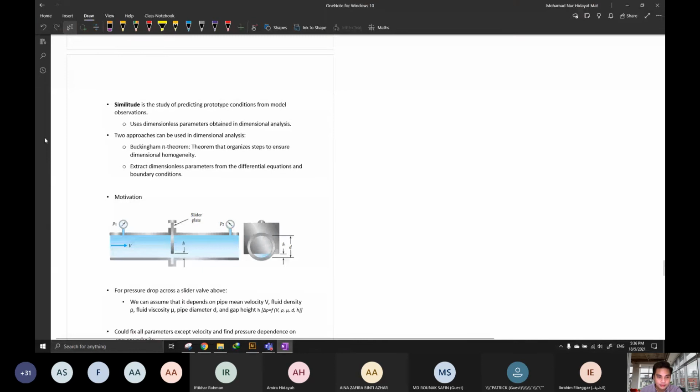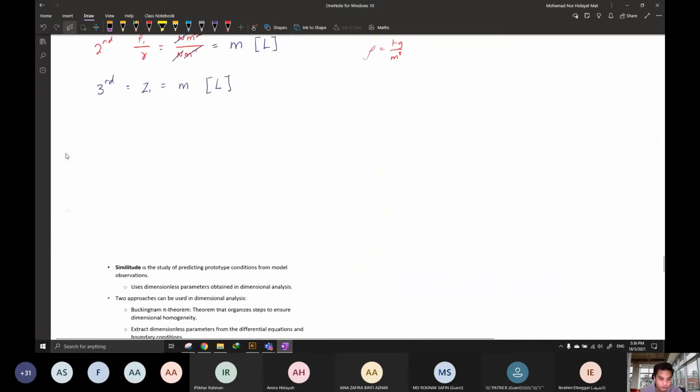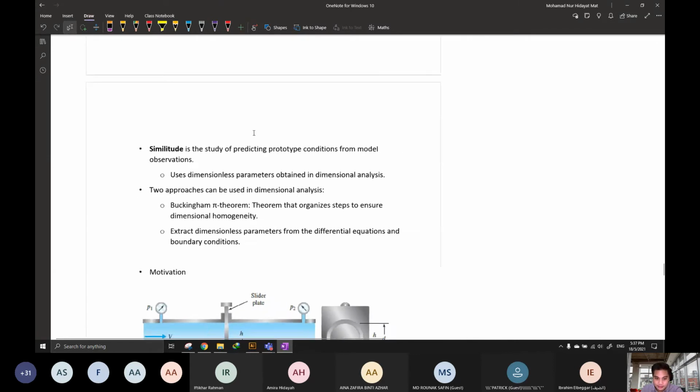So, proceeding with experiments, we need to minimize the number of experiments. Now we introduce the similitude study, which is a study of predicting the prototype condition from the model observation. Let me explain in a clear manner.